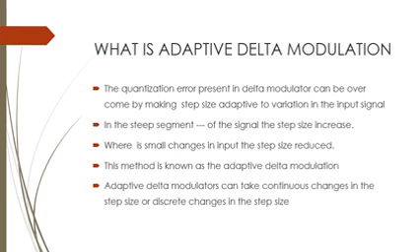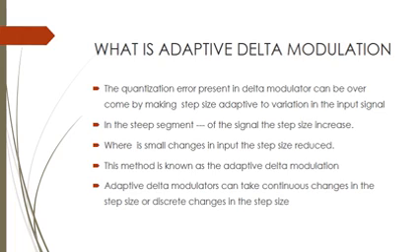The quantization error of slope overload distortion and granular noise present in delta modulation due to the constant step size can be overcome by making the step size adaptive to the variation in the input signal.